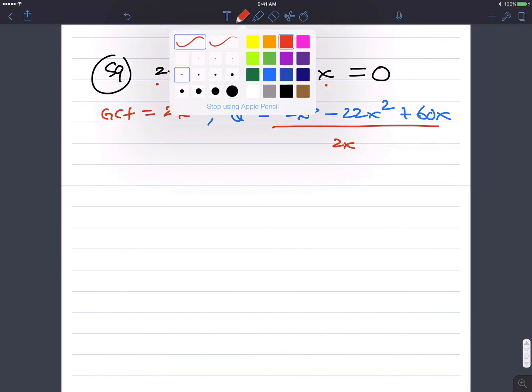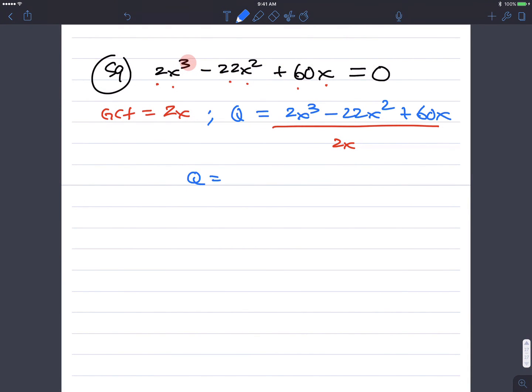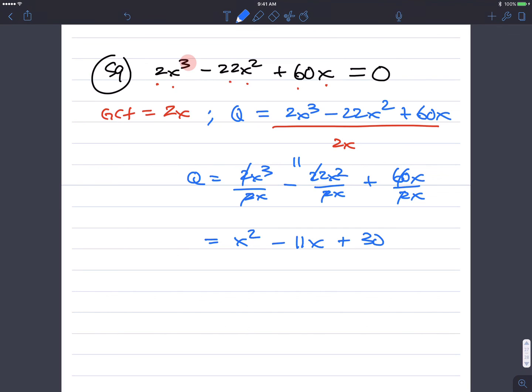2x here. You get 2x cubed over 2x minus 22x squared over 2x plus 60x over 2x. So I'm going to have, sure enough, x squared minus 11x, and then 60 divided by 2 is 30, and my x's cancel.